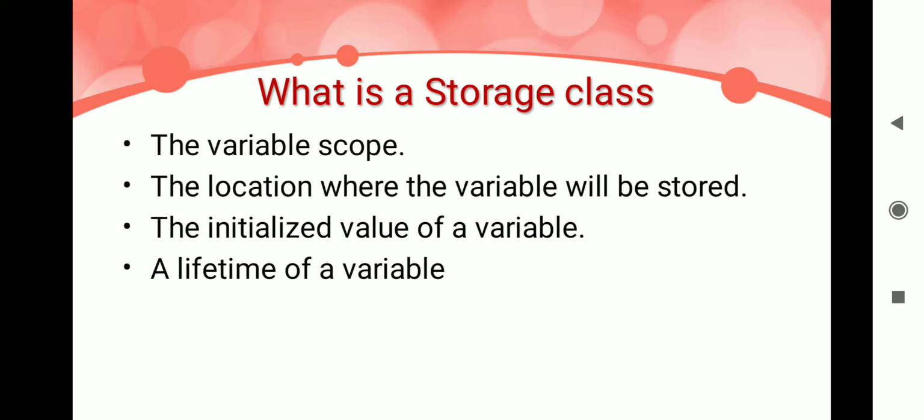In the location of the variable, at which part of the memory the variable is going to be stored, the value which is going to be initialized, is it a garbage value or a default value, and what is the life of a variable. These four points are going to be considered for storage classes.